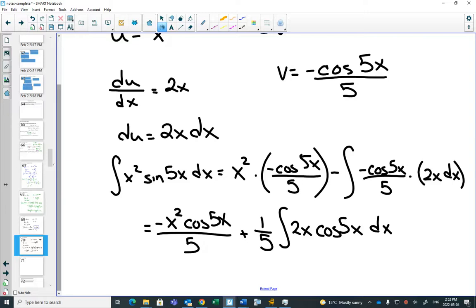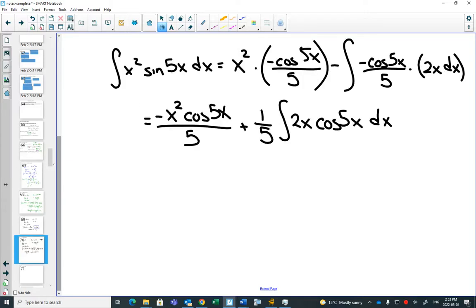You might have to go back in time, like 12 minutes and 40 seconds, to figure out the specific reason I left it as 2x cos 5x. Not only are we expected to do calculus, we're expected to time travel. Yes, time travel is going to be essential for this one.